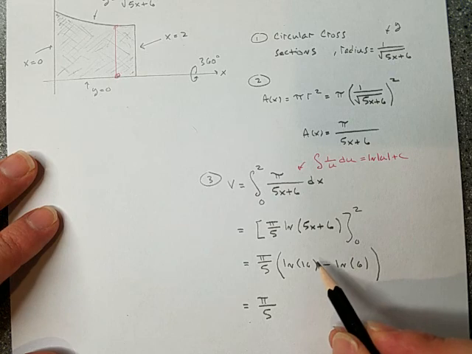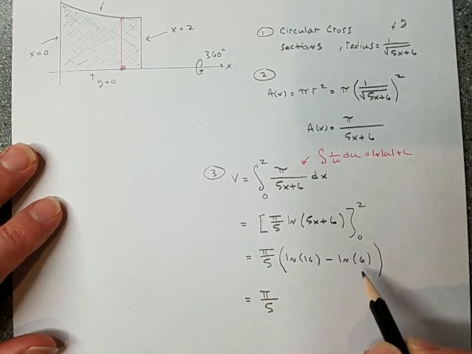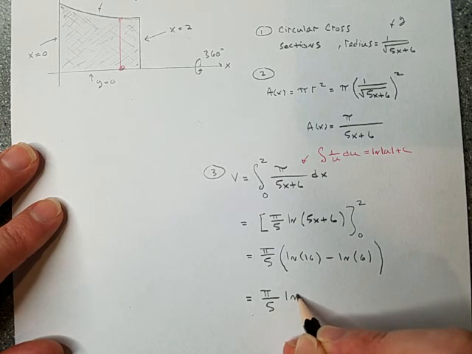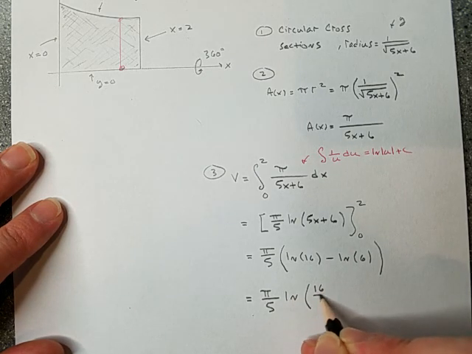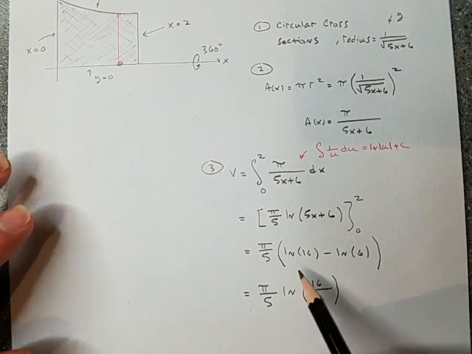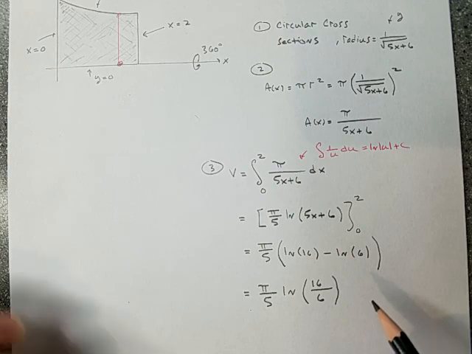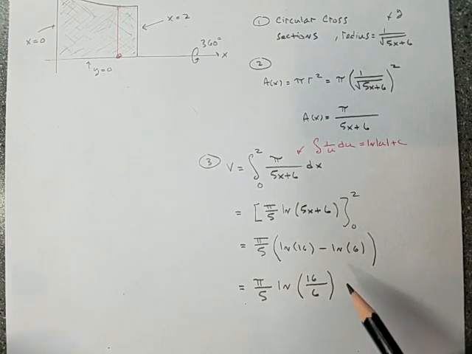Do you remember the rule for logarithms, where subtraction on the outside is division on the inside? Okay, so I could also write it like that. This is natural log of 16 divided by 6. So that's one of the many rules of logarithms.